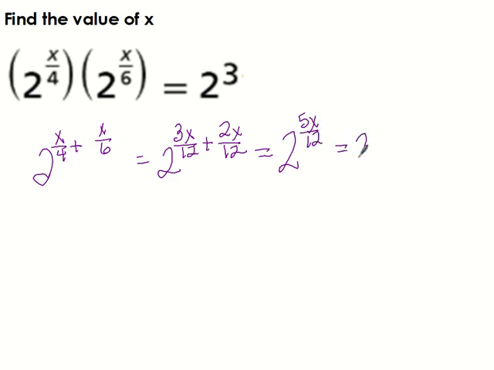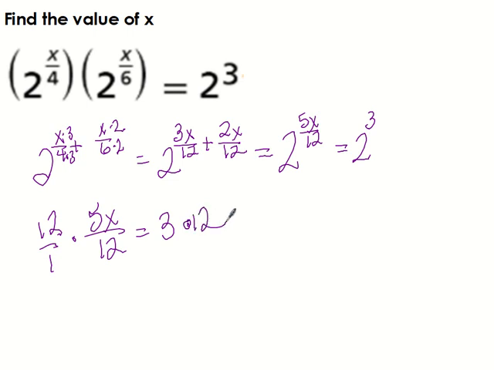And then that's going to equal 2 to the 3rd, right? Because I times this by 3, and I times this by 2. All right, so I'm going to go 5x over 12 equals 3. We just times by 12 over 1 to get rid of that denominator. Gets me 5x equals 36. Divide by 5, and we get x equals 36 over 5.